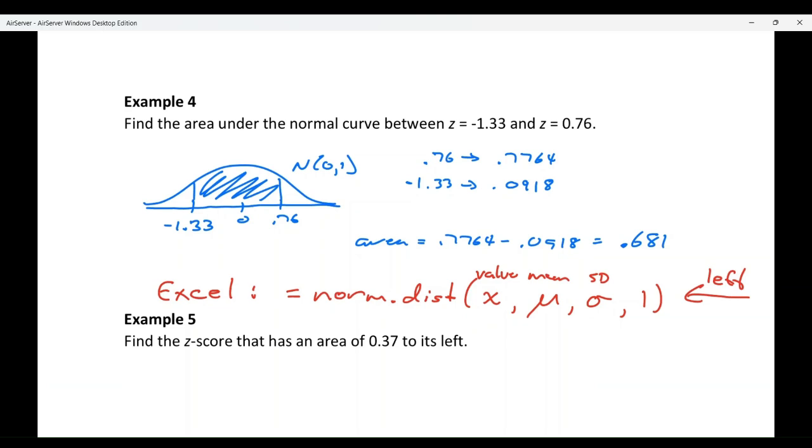So you still need to do the 1 minus if it's to the right. You still need to subtract the two values if you're finding between. If you're using something like a graphing calculator or certain statistical software programs, a lot of times those will allow you to specify that you are finding to the right or between, in which case it would give you your answer right away.